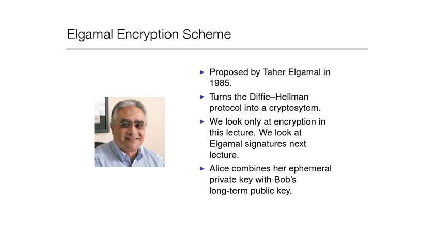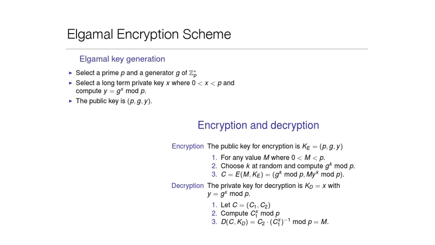So this explains how the key generation happens. Select a prime P and generate a generator G of the prime order multiplicative group, and select a long-term private key X from that group and compute Y such that G to the power X mod P equals Y. The public key in this encryption scheme is P, G, the generator, and the Y value.